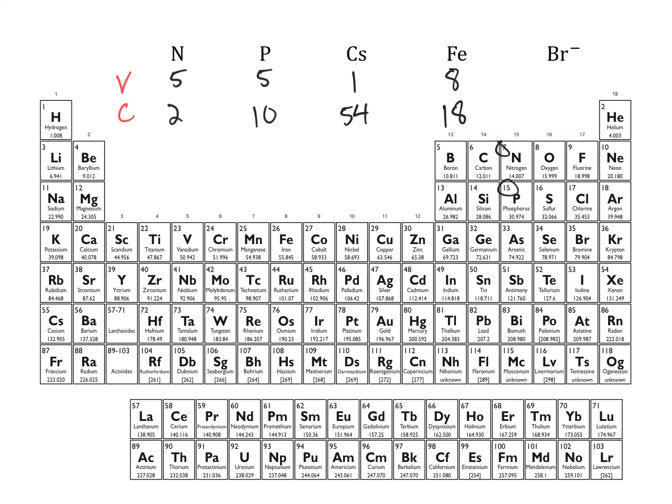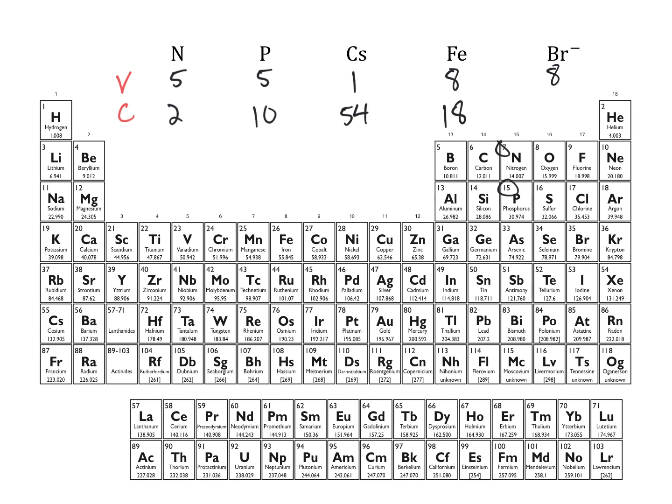Finally, we're looking at an ion. So Br minus. It is a bromine, but it's added an electron, so it really looks like krypton. When I count the valence electrons, 1, 2, 3, 4, 5, 6, 7. A neutral bromine would have 7 valence electrons, but because it's Br minus, it has 8 valence electrons.